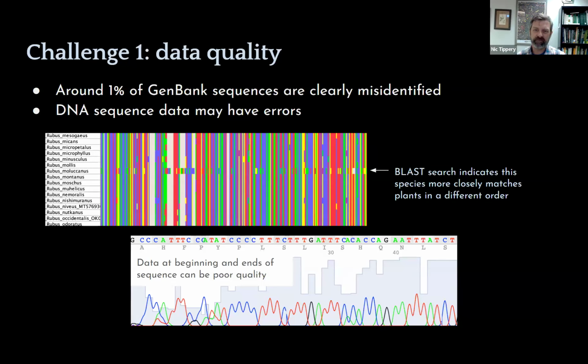In putting this together, I ran into a few challenges. One challenge is that with the data that people post, there's a ton of data out there, and DNA sequence data are sometimes incorrectly identified. Sometimes that's very apparent. I've got an example here that's really undeniable. In the raspberry genus, Rubus, there is a sequence in this sequence alignment. You can tell that it very clearly doesn't match its neighbors.